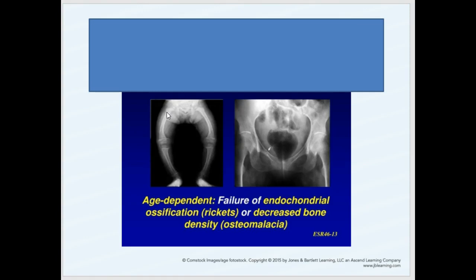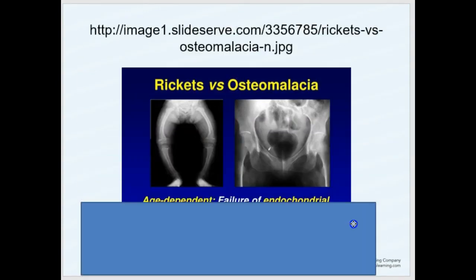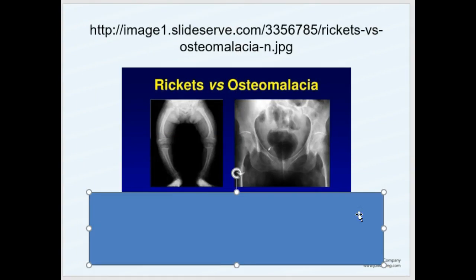And what do you think the one on the right is? That is going to be the same disease in an adult. These are rickets versus osteomalacia. Rickets in an infant usually will present with a bow-legged appearance because the bones are soft, they start walking, the bones are developing, and they bow out because of the pressure they put through them.